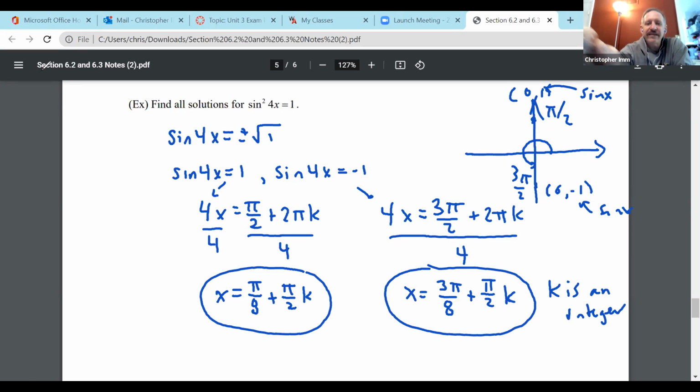If we wanted to find those, it's going to be pretty easy to label them graphically. So we find our one at pi over 8, and then we just go 90 degrees across, 90 degrees, 90 degrees, 90 degrees. Those are where the first ones are. And if we look at the second one now, 3 pi over 8, that would be about right here.